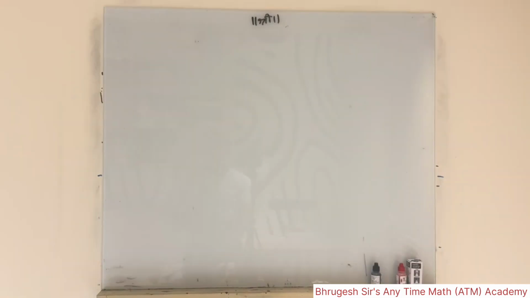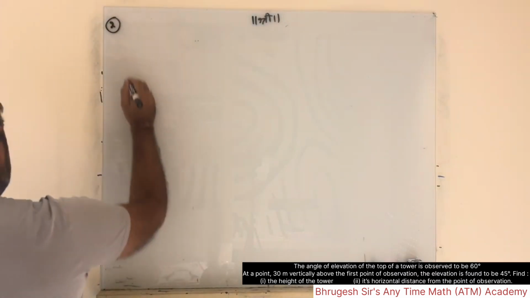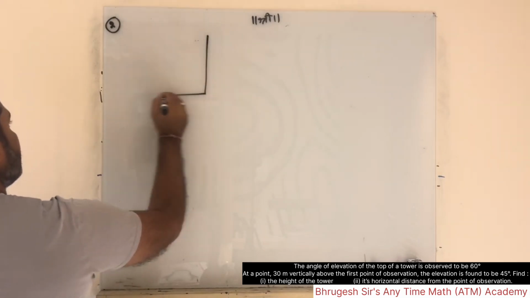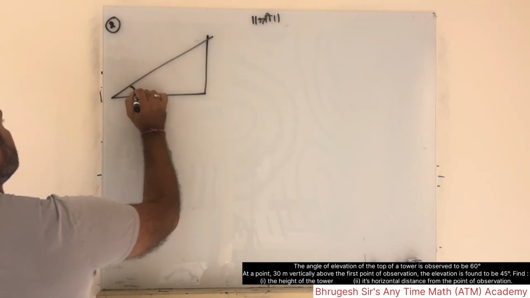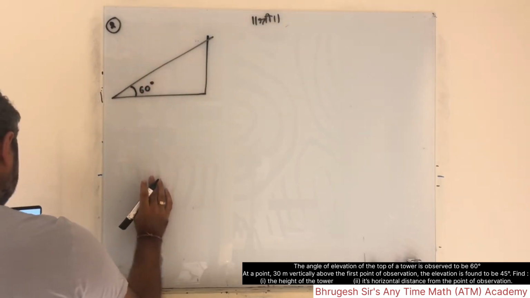Let's go beta, now let us focus on solving question number 2. We did question number 1 and question number 8. Now let us attempt question number 2. The angle of elevation to the top of the tower is observed to be 60 degrees.